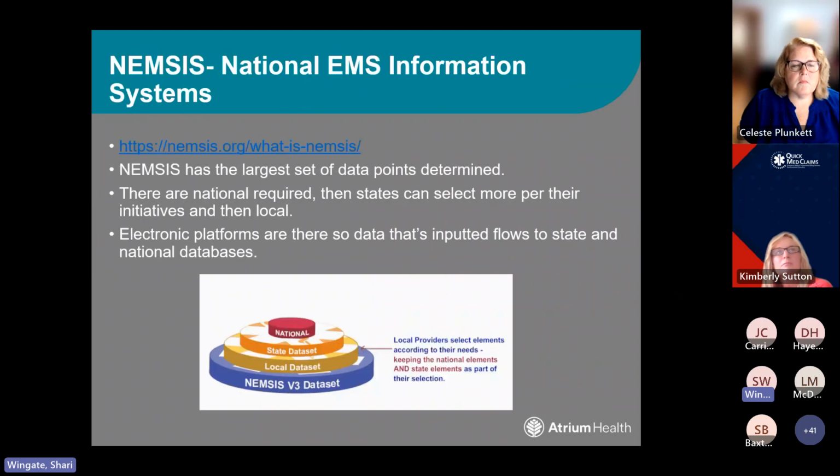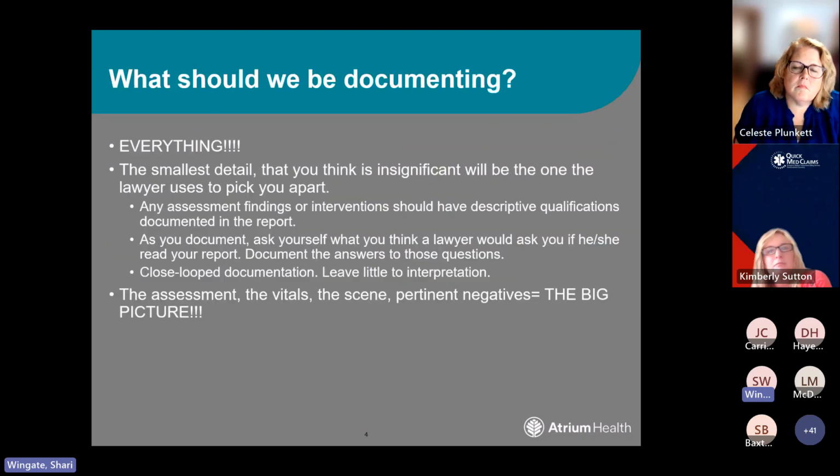So basically, if we cover all of the desired validators that NEMSIS asks for, we meet all the others for local, state, and national. So that's why we gear all of our education and all of our documentation information based on NEMSIS requirements.